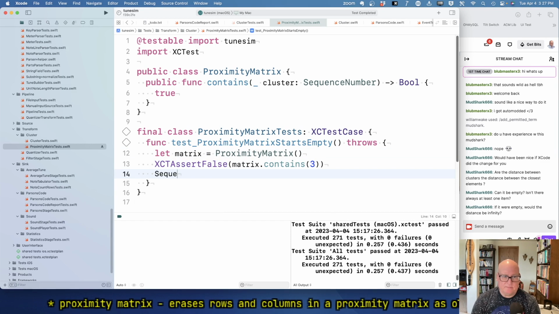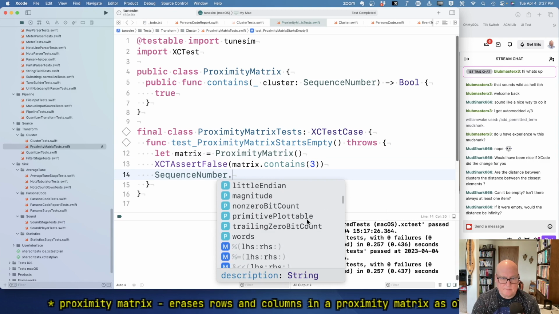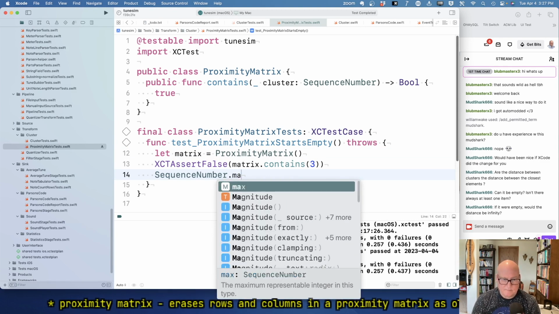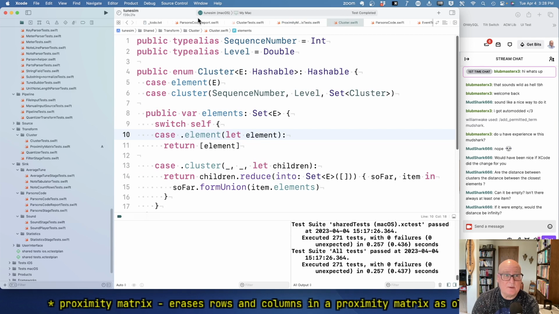Do we have? We do have that. I don't know. Would infinity make sense? I don't know if it comes out very well, but the way I've got things defined for similarity now, I think it's almost backwards.